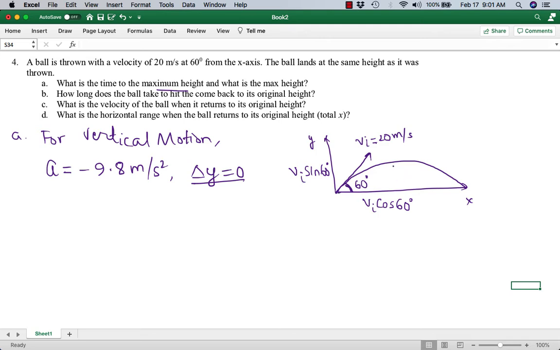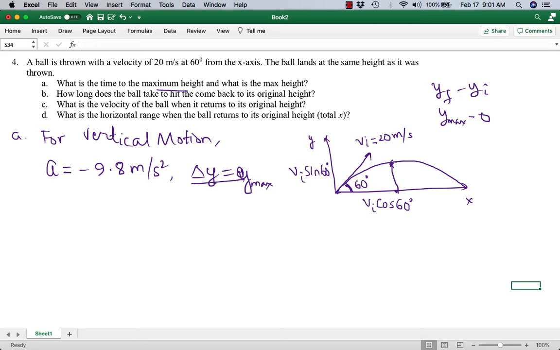But for the time to the maximum height, from this level to the maximum height, our delta y would be y max, because delta y is y final minus y initial. Y final is y max, and y initial is 0.